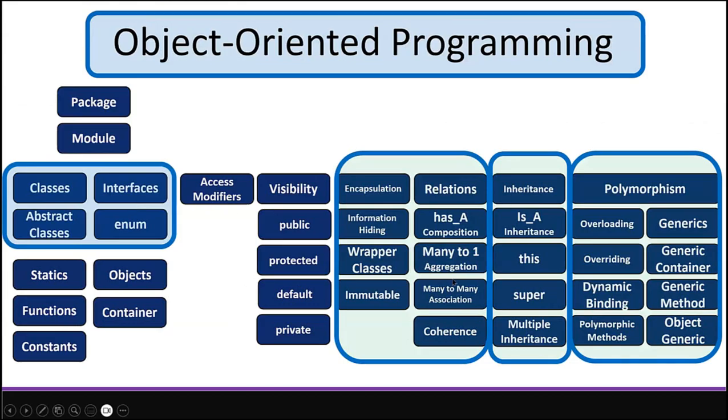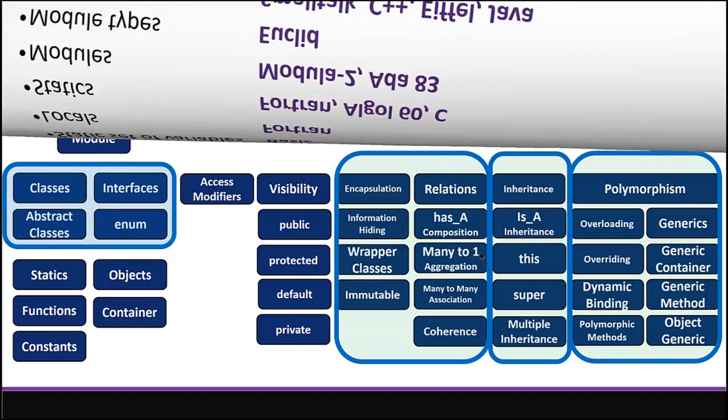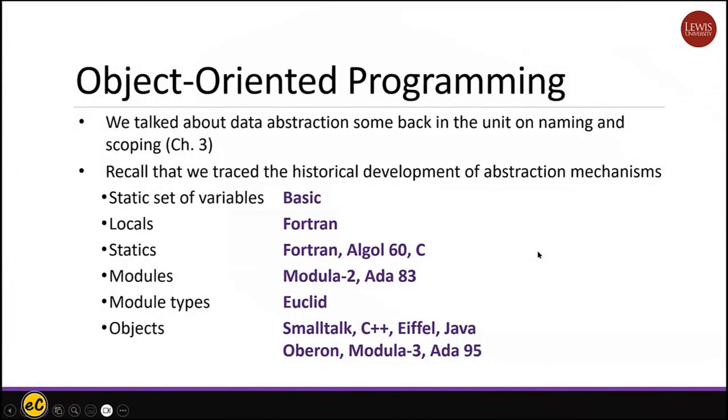Okay, so these are the topics of object-oriented programming, and you can try to understand the different topics, okay? So object-oriented programming language, starting from no structure, no data structure, that is basic, then local variable, that's Fortran. And then later they have global variable, that's a static variable that is in Fortran, Algol 60, and C. Then change to module.